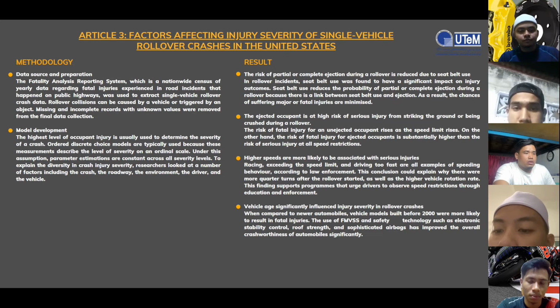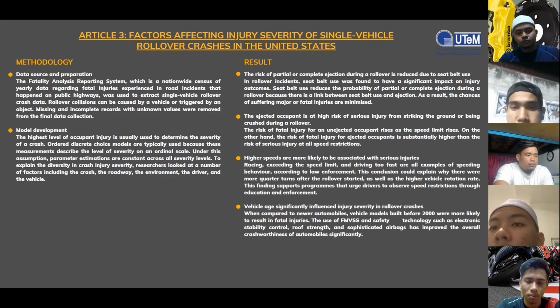This conclusion could explain why there were more quarter turns after the rollover started. This finding supports programs that urge drivers to observe speed restrictions through education and enforcement.